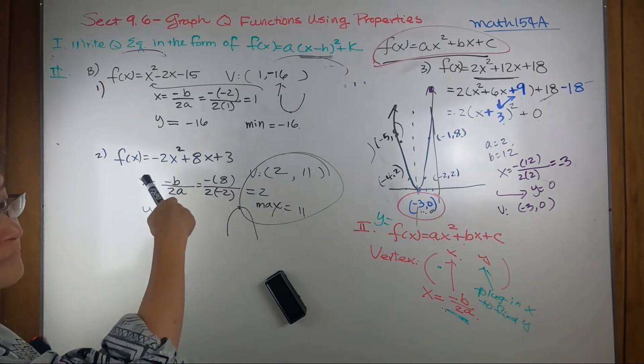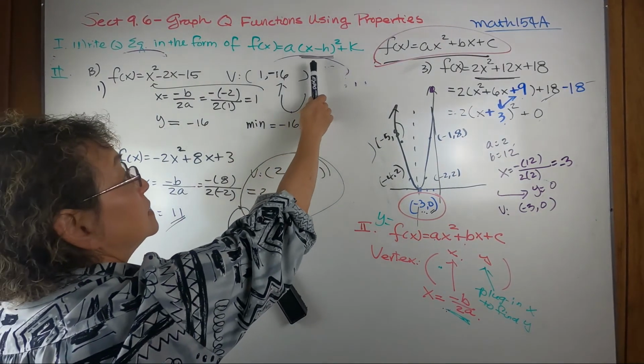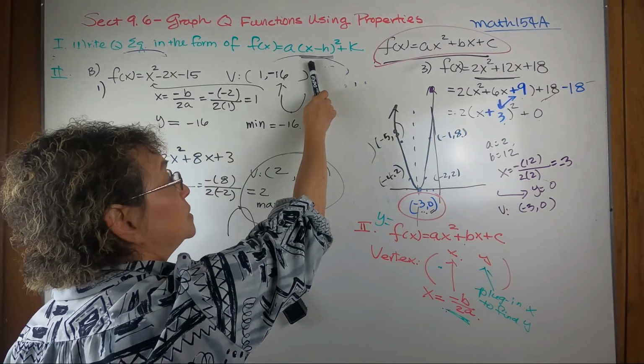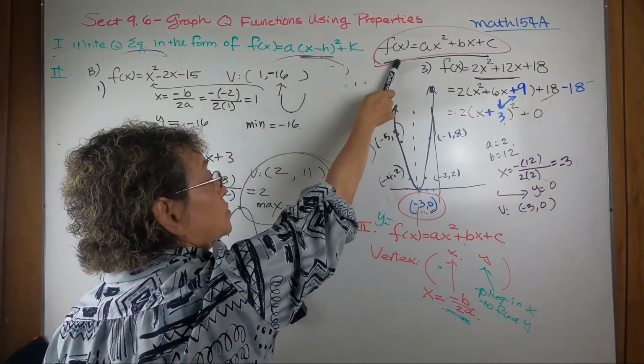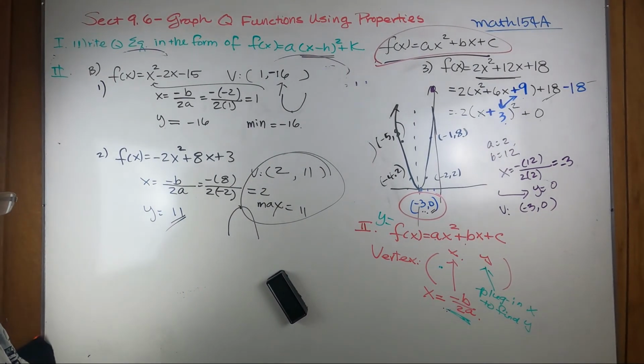So to graph the parabola quadratic function, one is what? With vertex form. One is with standard form. Okay? So this should be the easiest thing in this class, and to learn. You should be okay for this. But you do need to practice.